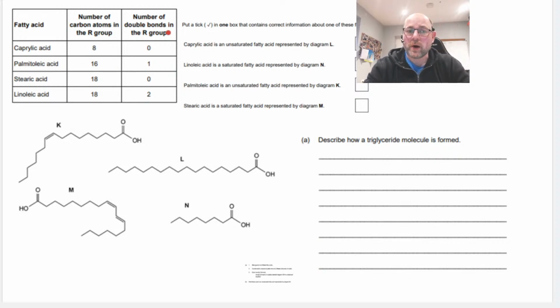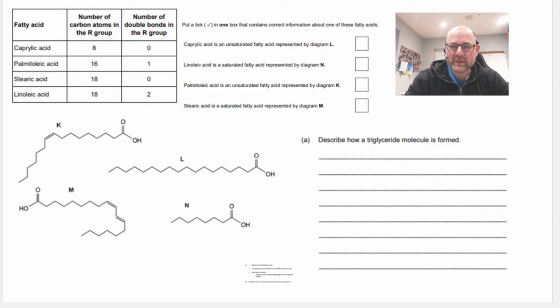The number of double bonds in the R group: 0, 1, 0, 2. Which one of these statements is actually true? We've also got a picture of each: K, L, N, and M. It says caprylic acid is an unsaturated fatty acid represented by L.